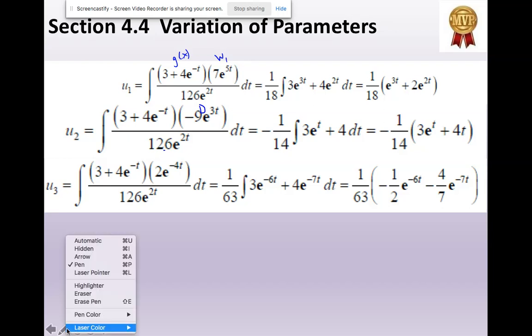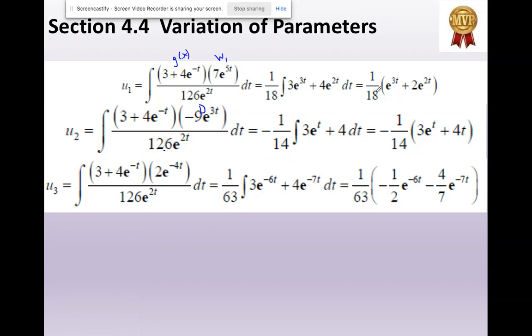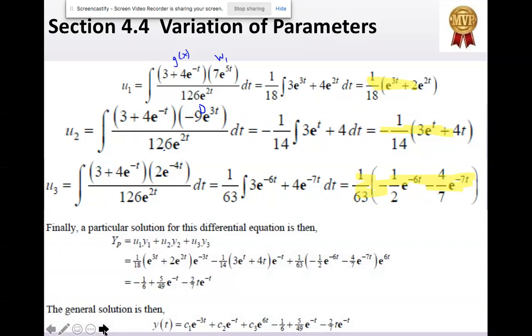And remember, each one of these is not my actual answer. I need to multiply each one of those times y1, y2, and y3. So there's y1, y2, and y3. Did some math, simplified.